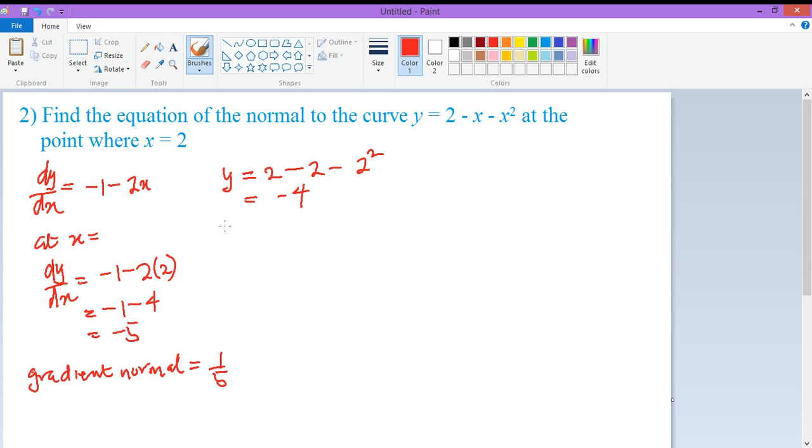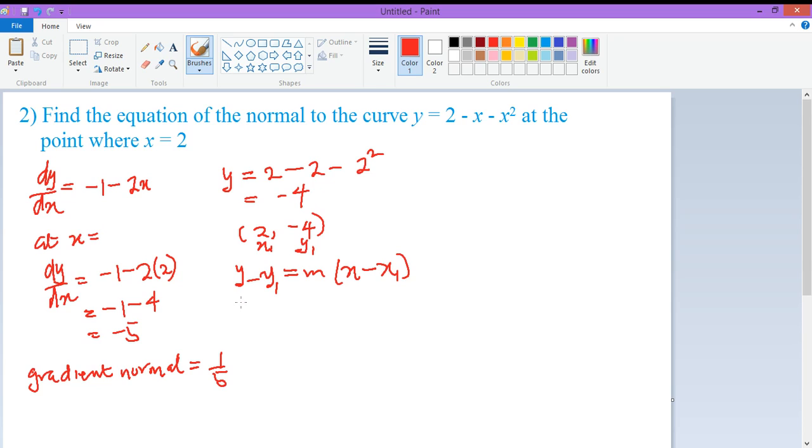So our coordinates where we are going to perform the calculation is (2, -4). And that becomes our x1, y1. And the formula is y minus y1 is equal to m, where m is the gradient, and x minus x1.